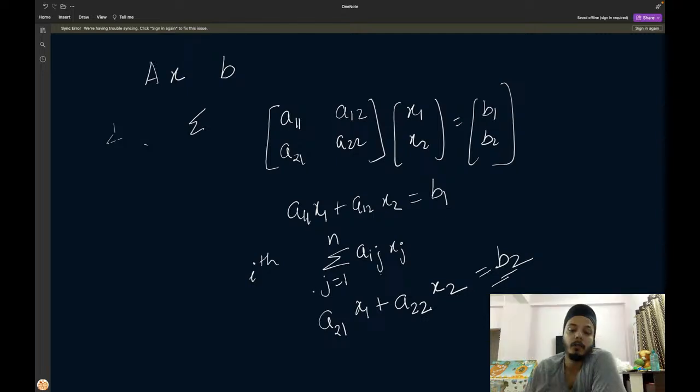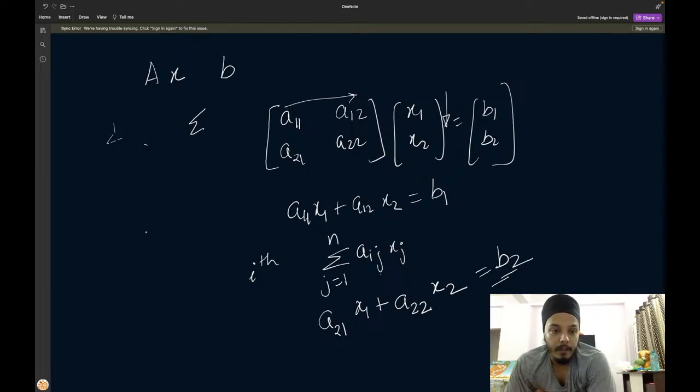Now one thing to note is that the length of the columns in A must match the length of the x vector. So our m cross n matrix will multiply an n-dimensional x vector.